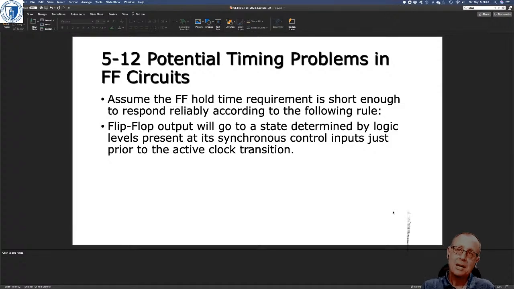And the flip-flop output will go to a state determined by logic levels present at its synchronous control inputs just prior to the active clock transition. So that's an assumption we're making. It may not be true, but it can help.